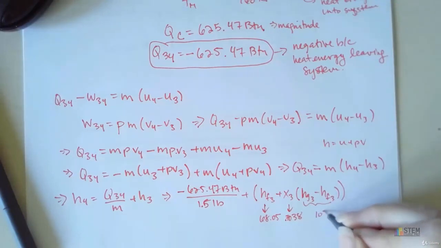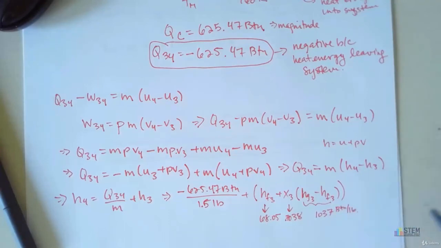That's the 1037. And these are all BTU per pound. So the units for this matches this. So that's all good. Now what you get then for H3 is 797.891. So that's what you get when you plug these numbers in.